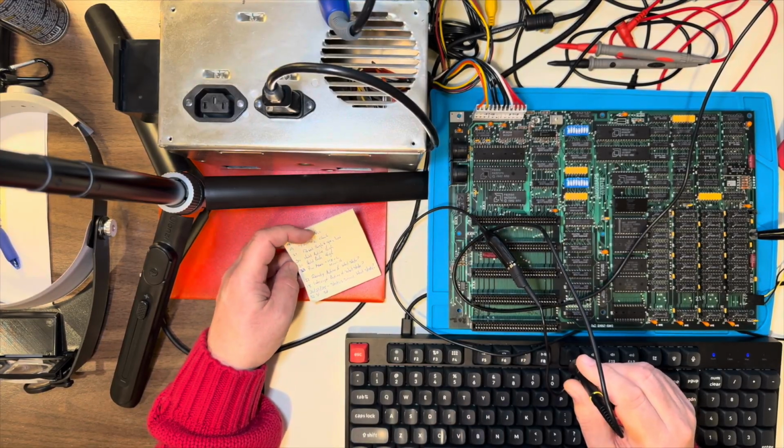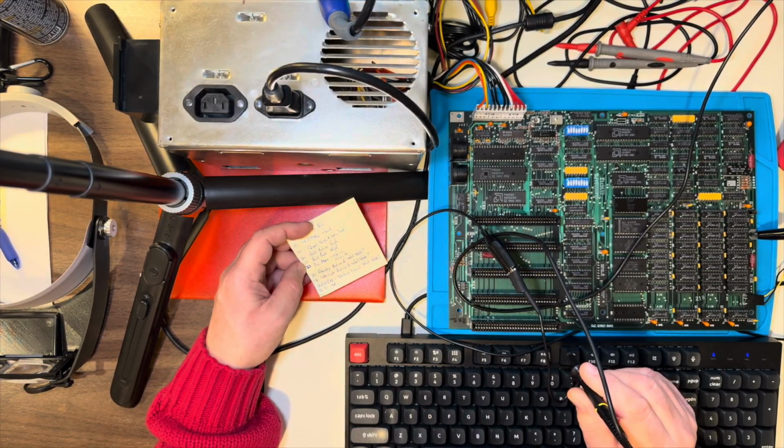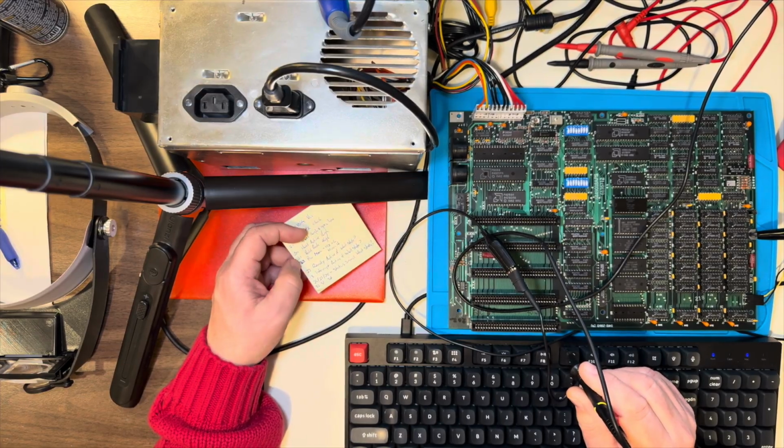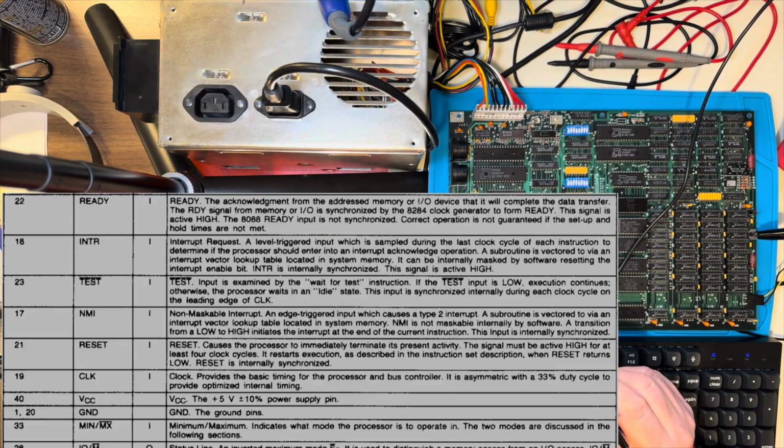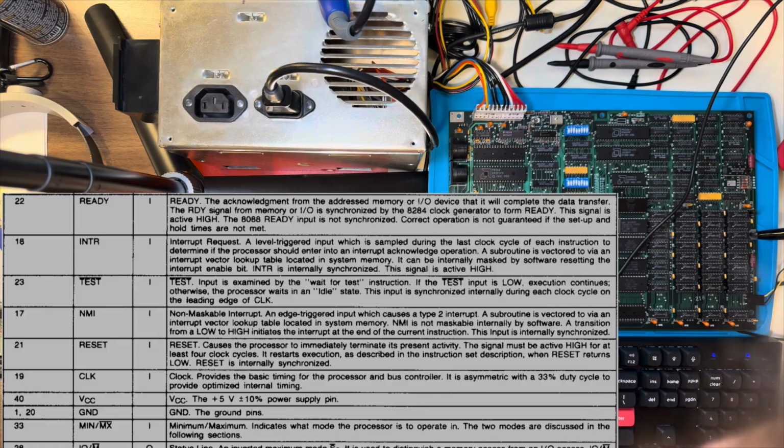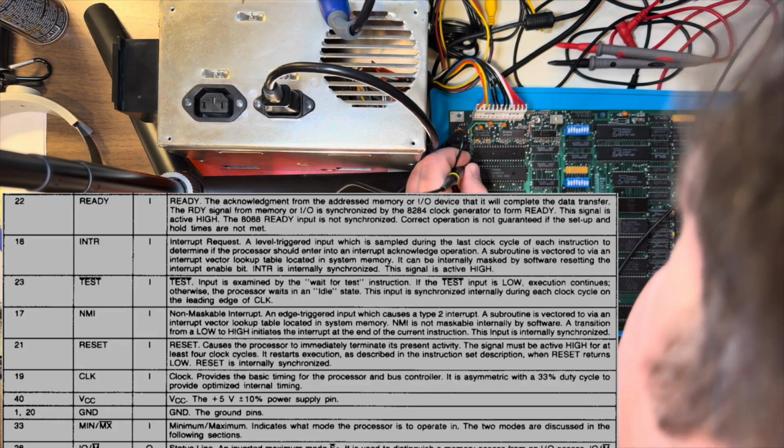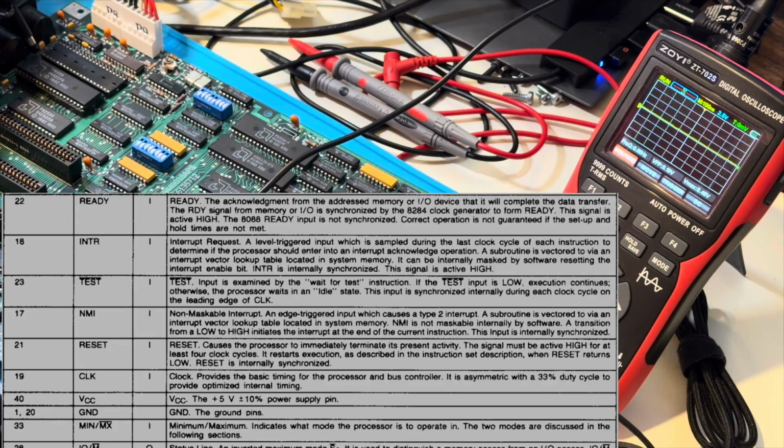Let's work through the data sheet. Some other pins that we want to take a look at. Pin 33, we should be in maximum mode for the CPU, and maximum should be low. So counting backwards from 40: 40, 39, 38, 37, 36, 35, 34, 33.